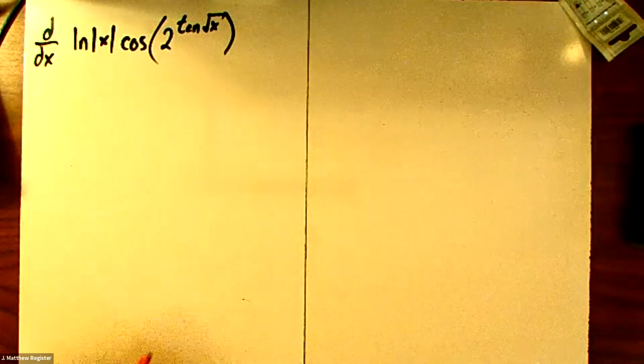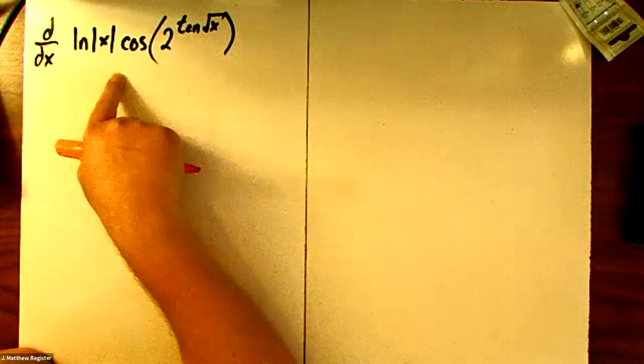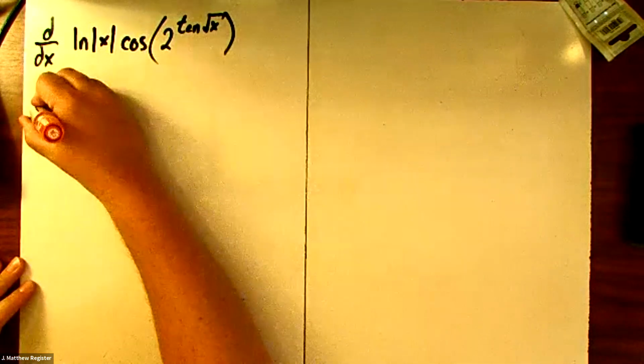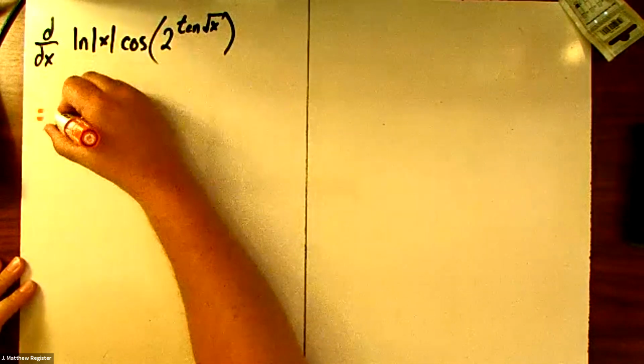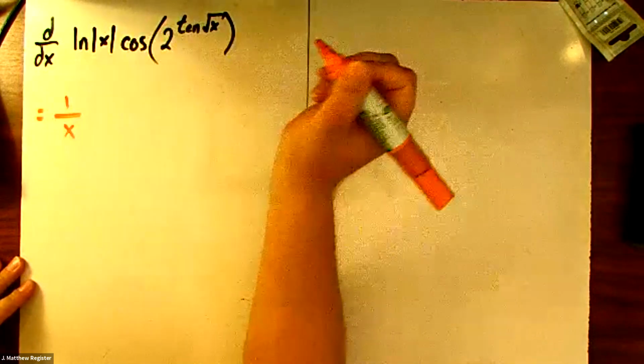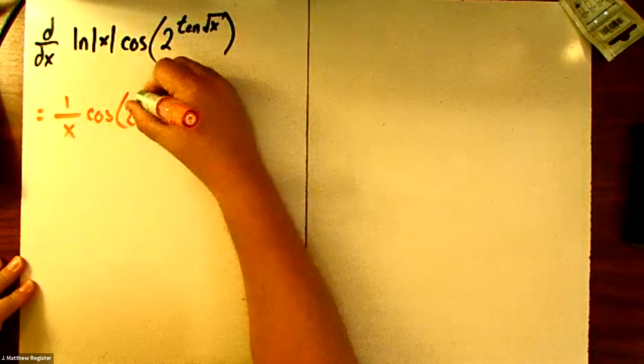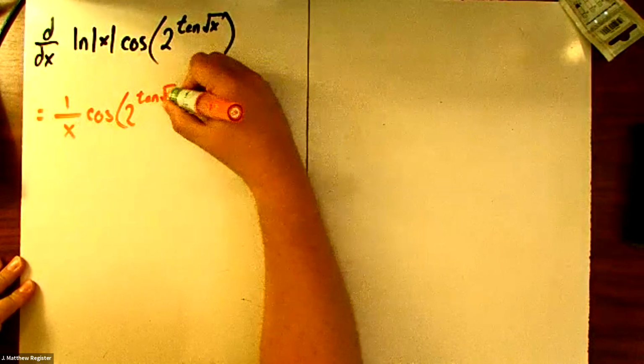And so the derivative of the natural log of x cosine of 2 to the tangent of square root of x is going to be equal to 1 over x cosine of 2 to the tangent of square root of x.